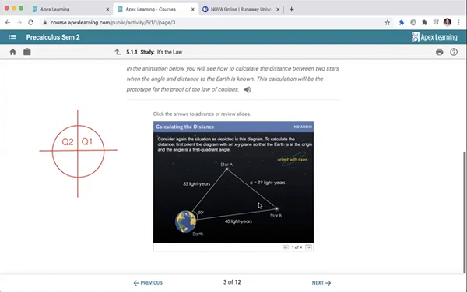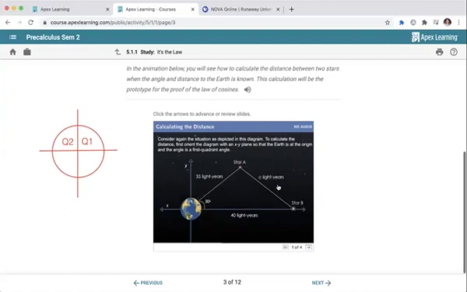So it's easier if you orient them with the axes, especially if you can do it with the origin. It's saying right here, orient it so that x is at the origin and the angle is a first quadrant angle. So perfect.